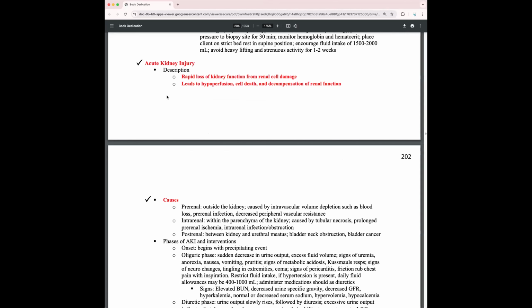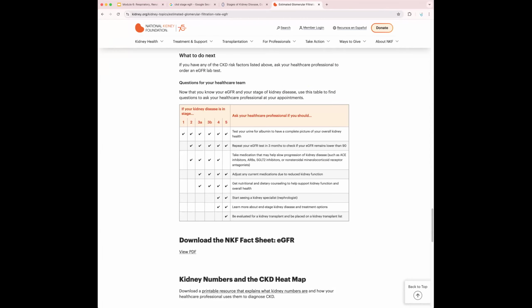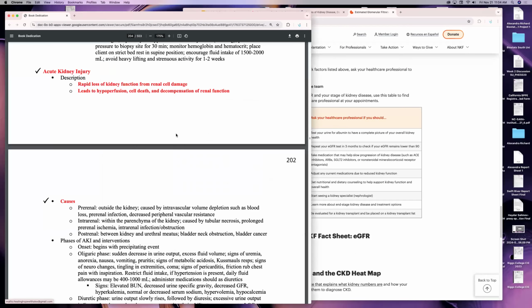So acute kidney injury is the rapid loss of kidney function from renal cell damage. The issue with acute kidney injury is the tissues of the kidneys have become damaged. Some condition that the body is being subjected to is not ideal for renal function and the survival of the renal cells.